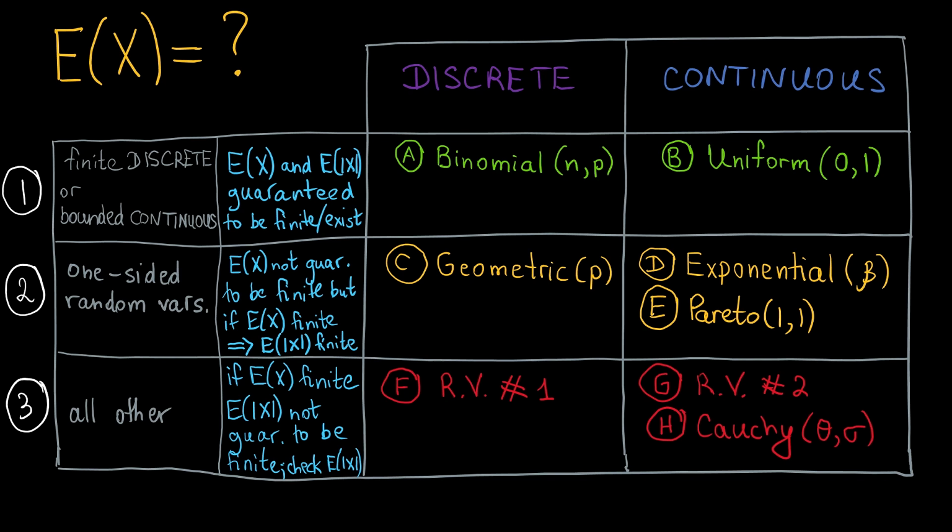So for one-sided random variables, those that take on only non-positive values or non-negative values, the expected value of x being finite automatically guarantees that the expected value of the absolute value of x is also finite. Okay, well, let's take example C and look at it in more detail.